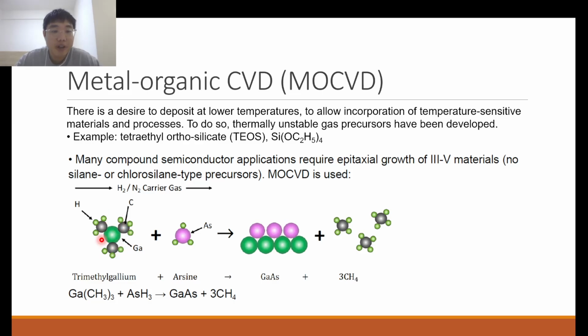So we have an organometallic gallium precursor and your arsine, which is AsH3, that can undergo this chemical reaction to form gallium arsenide and release methane gas.